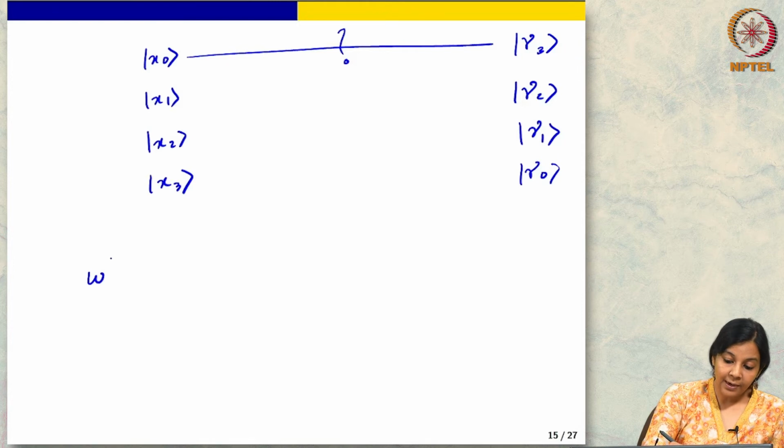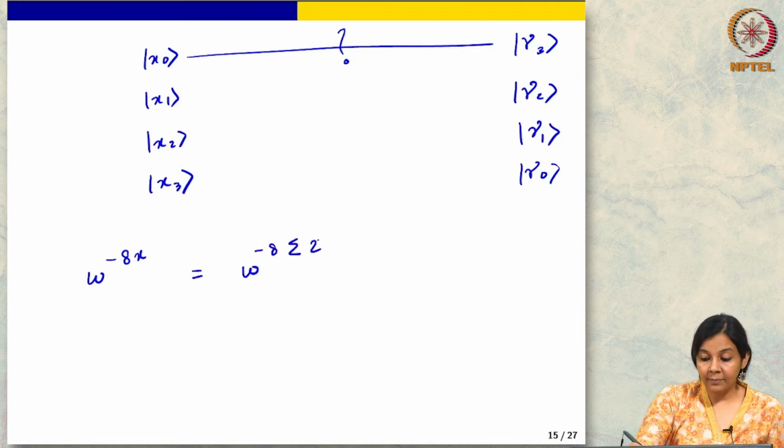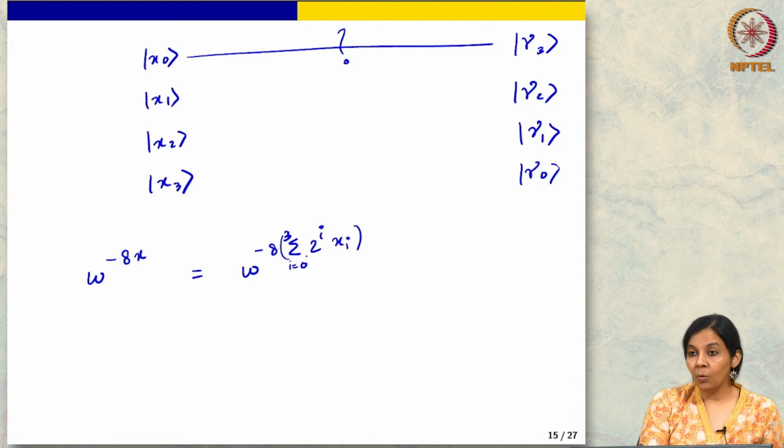So, I have omega to the minus 8x. I can write this as omega to the minus 8 times the summation of 2 to the i xi, for i from 0 to 3. Now, do you see that it is only for i equal to 0 that I will get something that will survive?